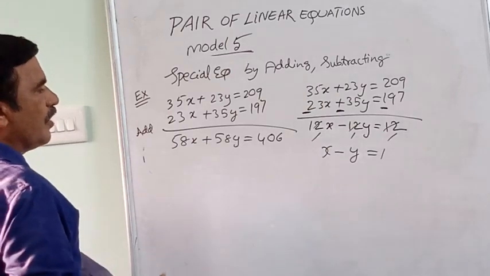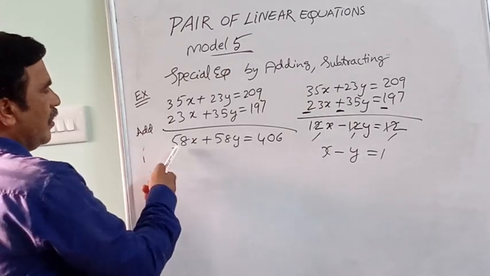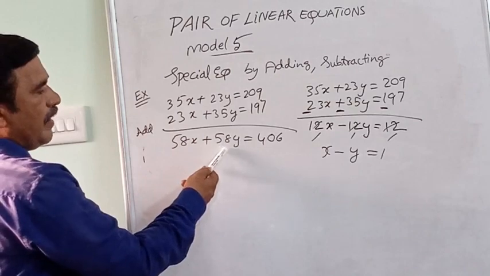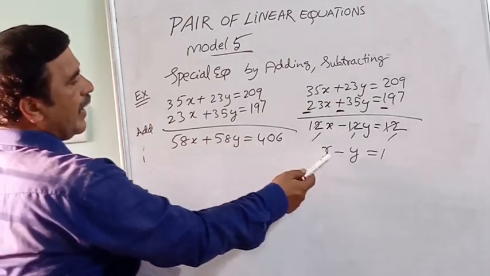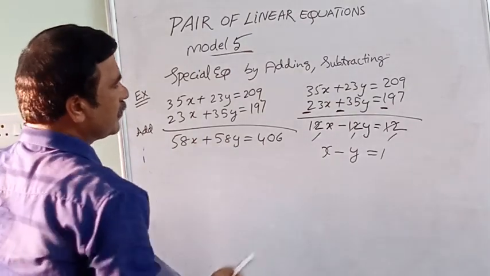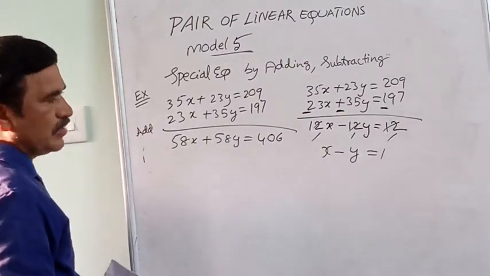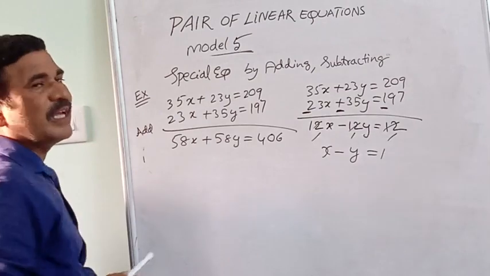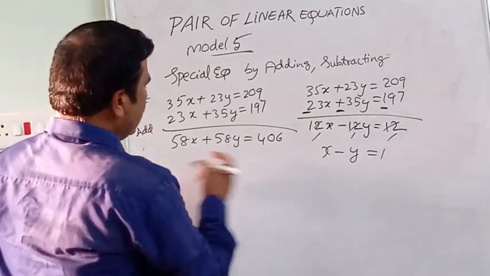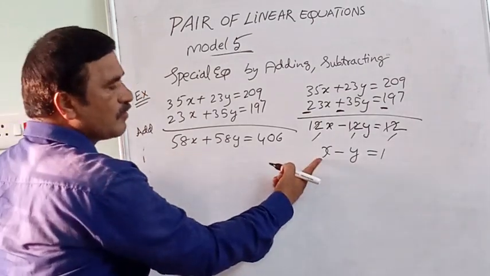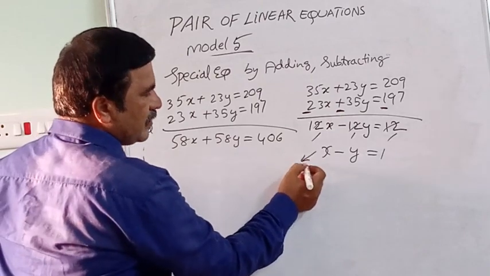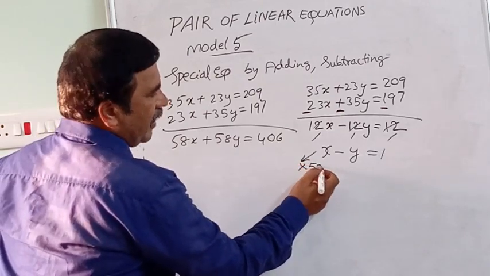Now two new equations are coming. 58x plus 58y is equal to 406. x minus y is equal to 1. Now solve these two equations by any method, your choice. Now I am using the elimination method. This is 58x, this is only 1x. This equation multiply by 58.